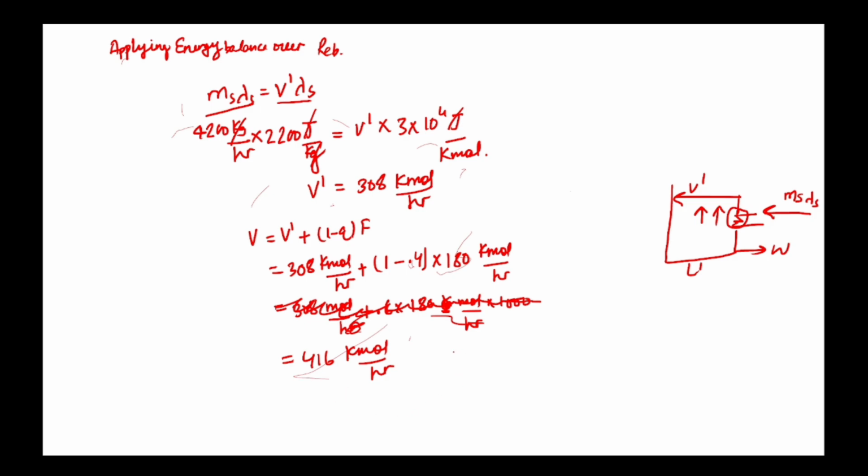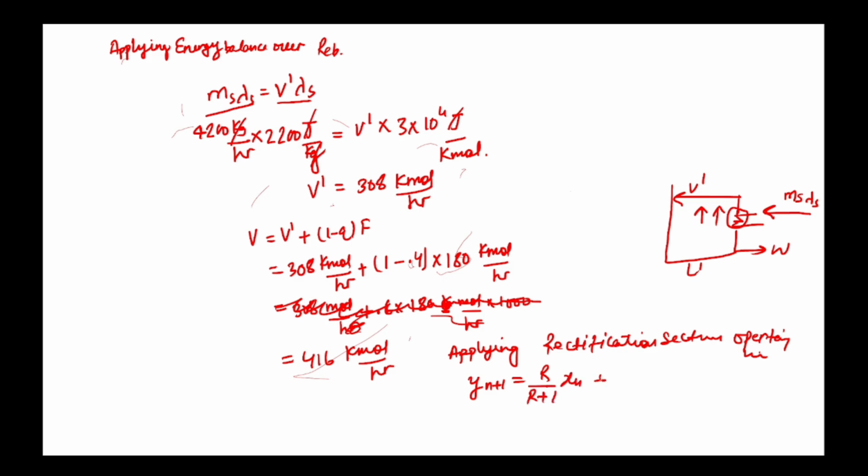Applying the rectification section operating line. What is the equation? yn plus 1 is equal to R upon R plus 1 xn plus xD upon R plus 1.